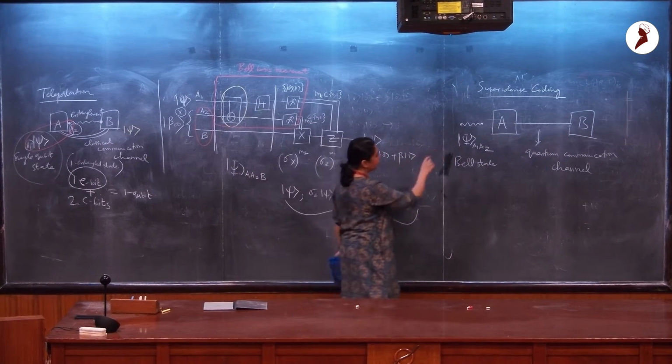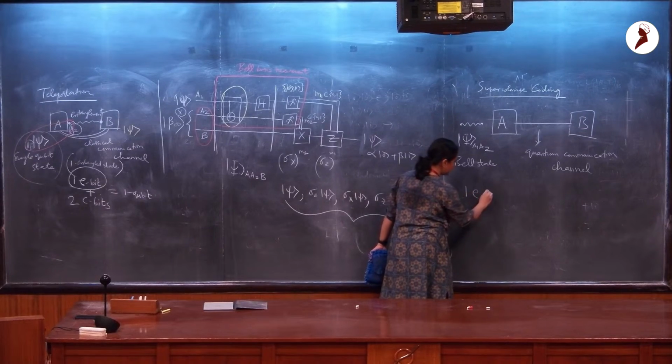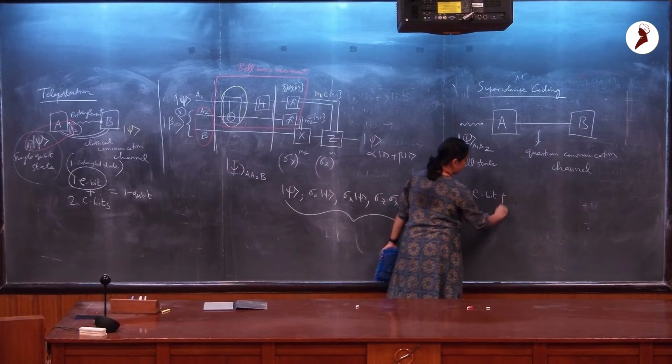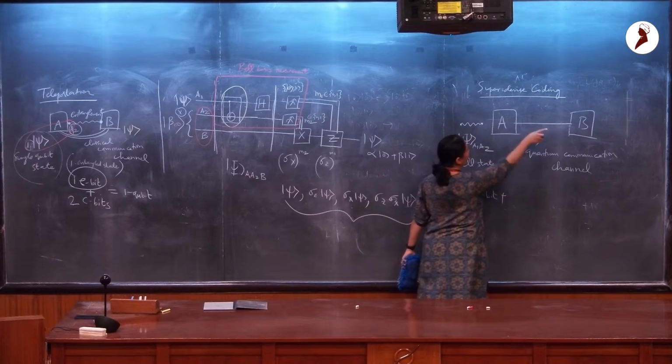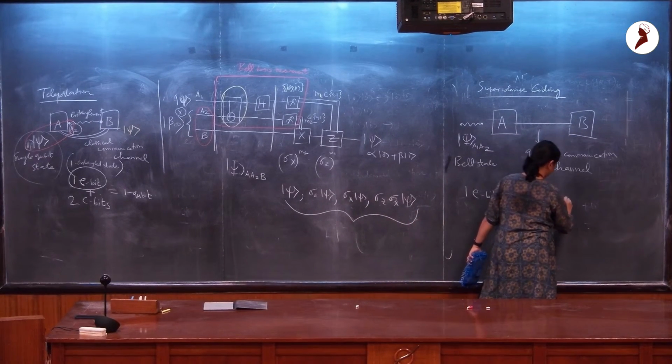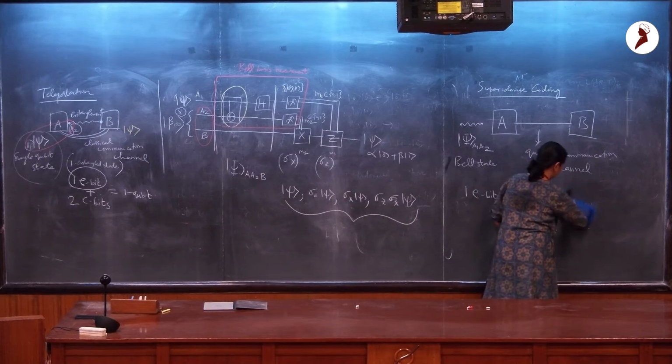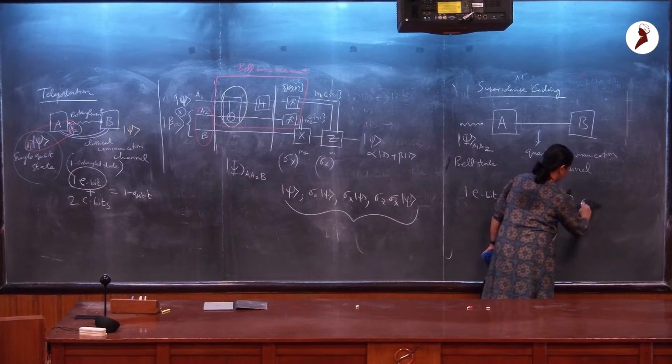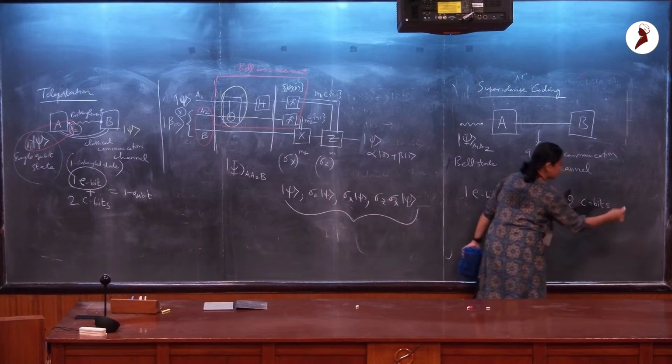So the idea of this protocol is that by using one entangled state and by communicating one qubit over this channel, they effectively can communicate two classical bits of information.